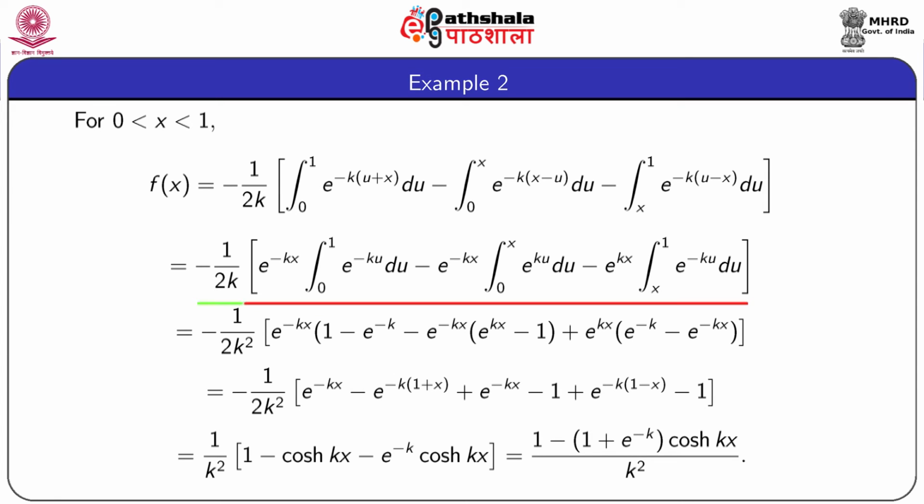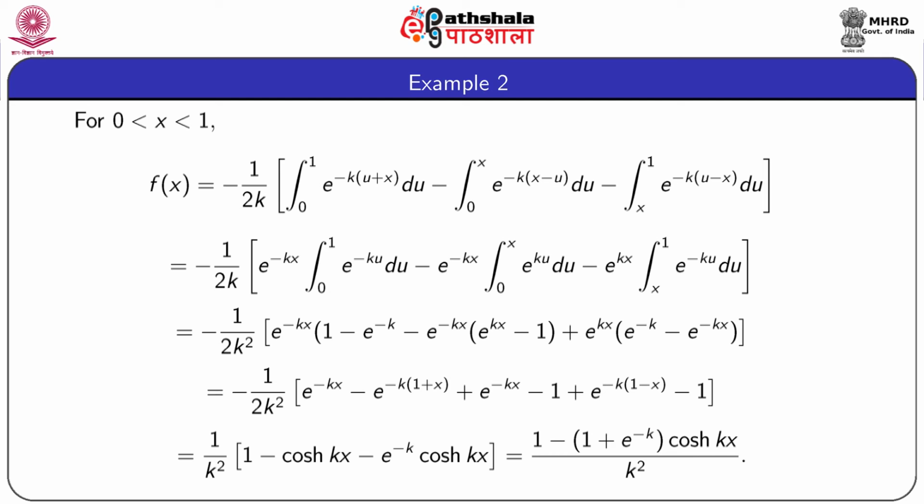We take out e to the power minus kx integral from 0 to 1 e to the power minus ku du, minus e to the power minus kx integral 0 to x e to the power ku du, minus e to the power kx integral from x to 1 e to the power minus ku du.